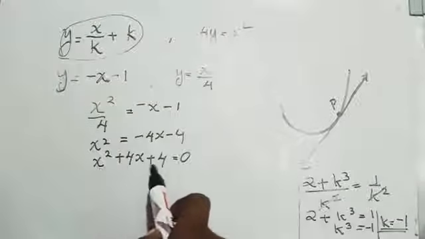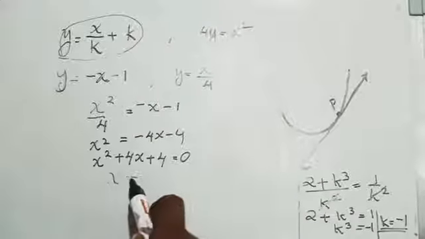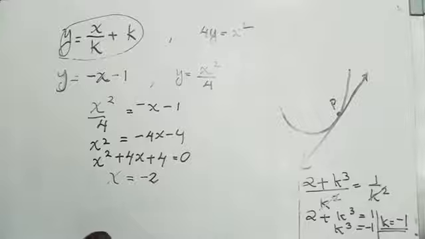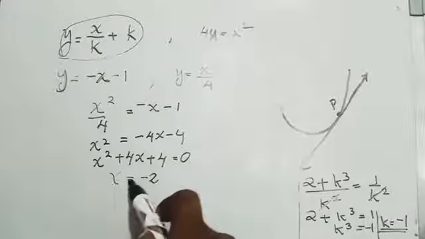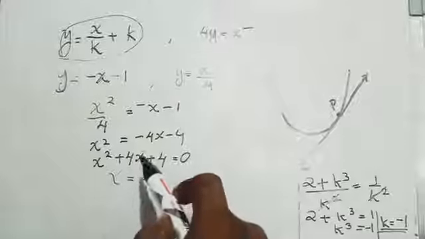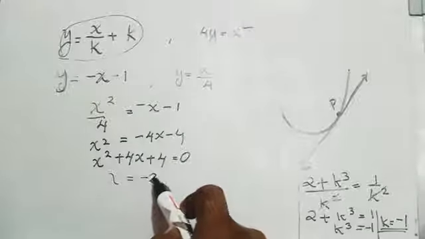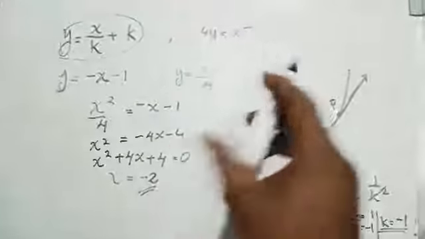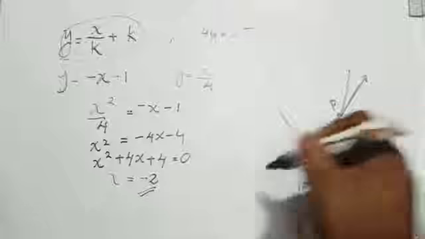Now we got a quadratic equation. Solve it, we get the value of x as minus 2. Actually there must be two values for x, but here we got only one value because the roots are real and equal, as b squared minus 4ac is equal to 0. So we get the x coordinate of the point P as minus 2.